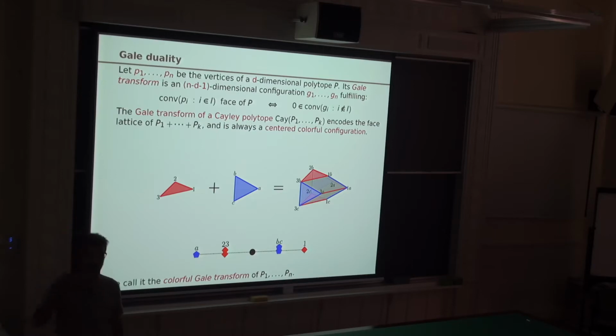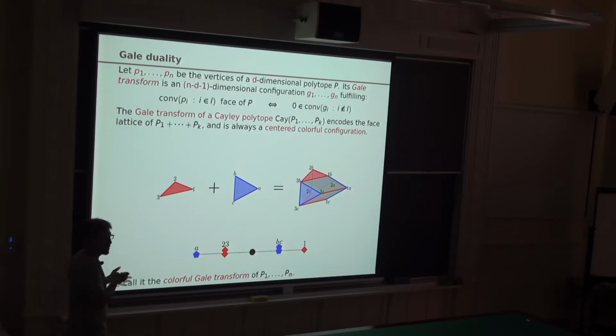So here we have already the first thing. And now this is just a dictionary. So we have essentially an equivalence between Cayley polytopes and centered colorful configurations. And you can translate the properties of being a face or being a totally mixed face, etc.